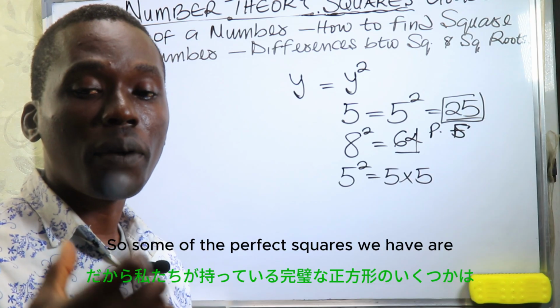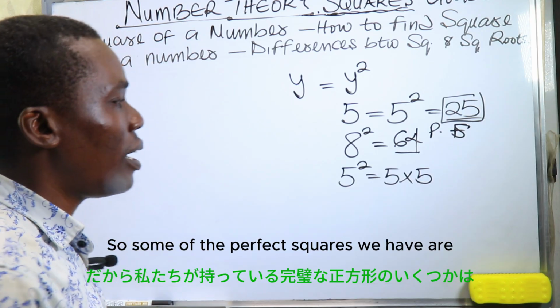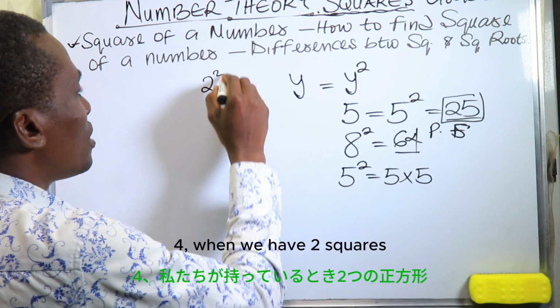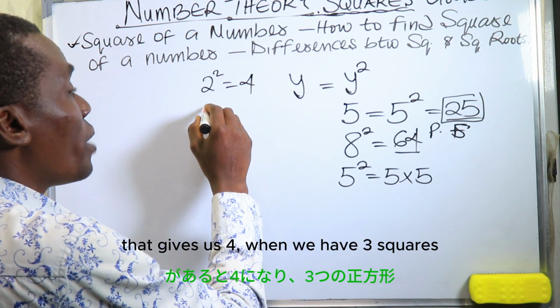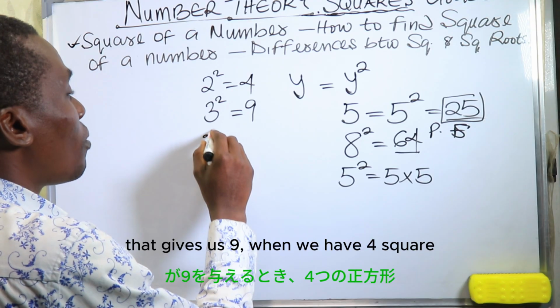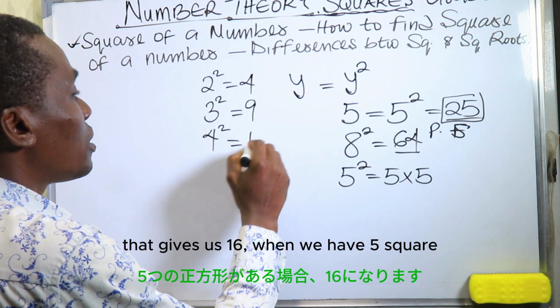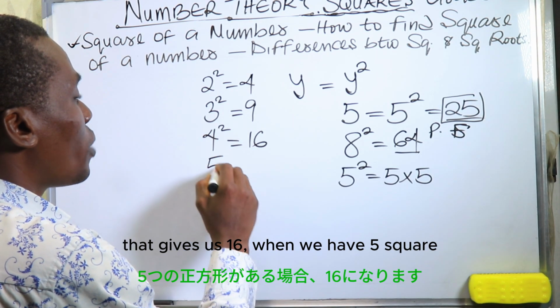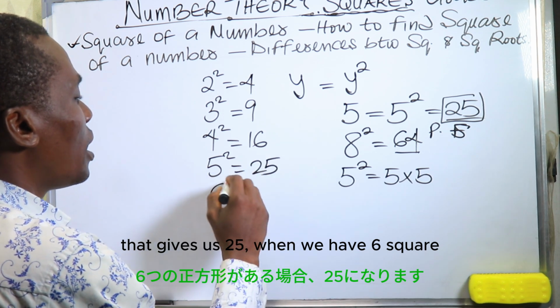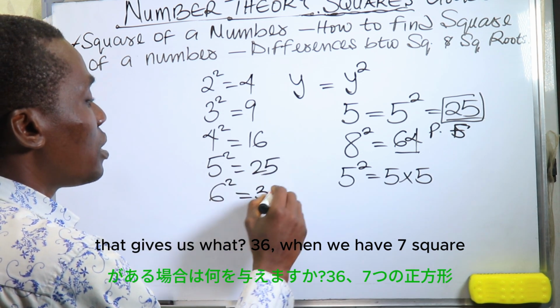So some of the perfect squares we have are 4. When we have 2 squared, that gives us 4. When we have 3 squared, that gives us 9. When we have 4 squared, that gives us 16. When we have 5 squared, that gives us 25. When we have 6 squared, that gives us what? 36.